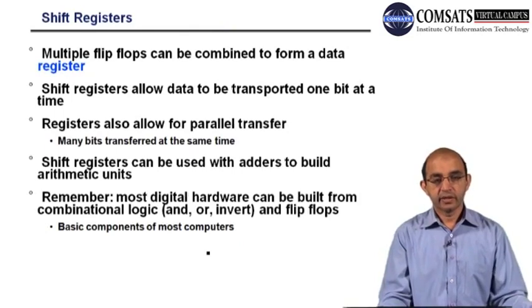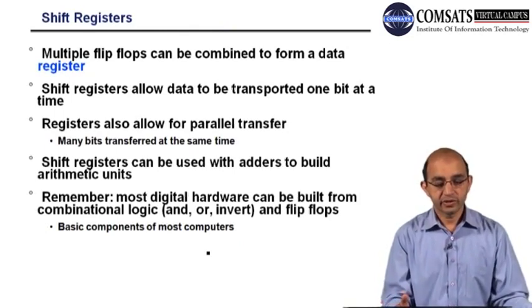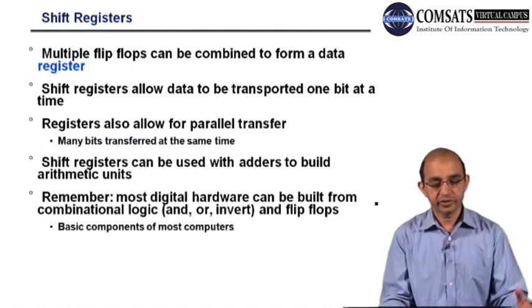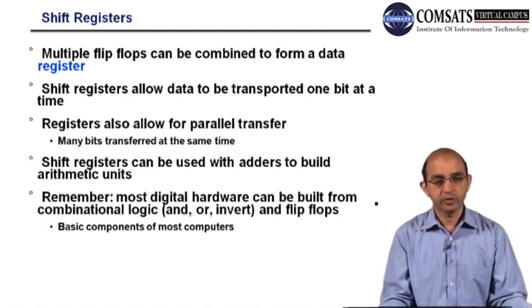And then we discussed registers. Whenever we talk about flip-flops, we can bundle different flip-flops in order to have a register. So a register is a combination of flip-flops, as each flip-flop can store 1 bit. If we have a 4-bit register, we need to cascade 4 flip-flops.